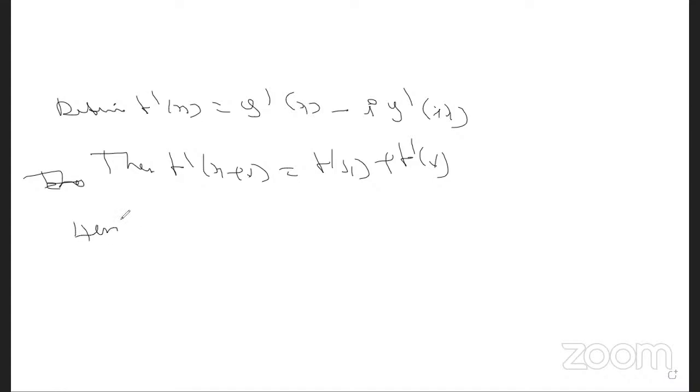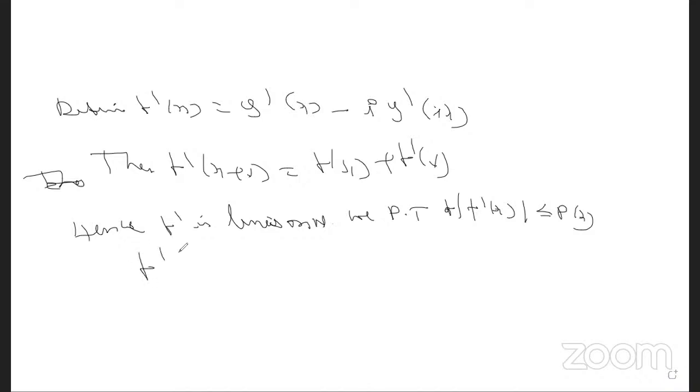Hence f dash is linear on N. We have to prove that mod f dash x is less than or equal to p of x for all x in N. So let us write f dash x equals r e power i theta.